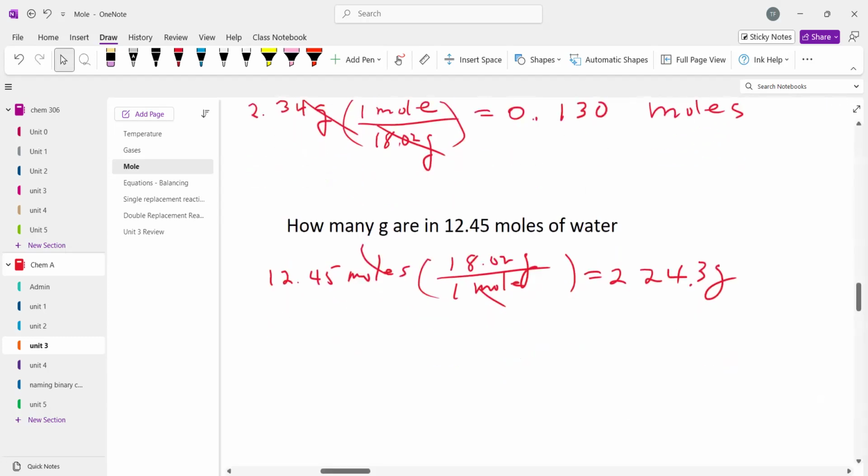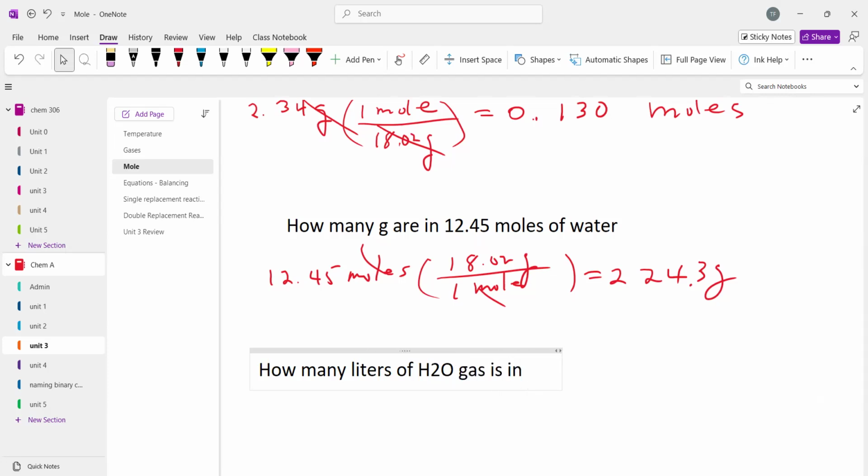Okay, so let's do a little different one now. Okay, how many liters of H2O gas is in 2.34 grams of water?